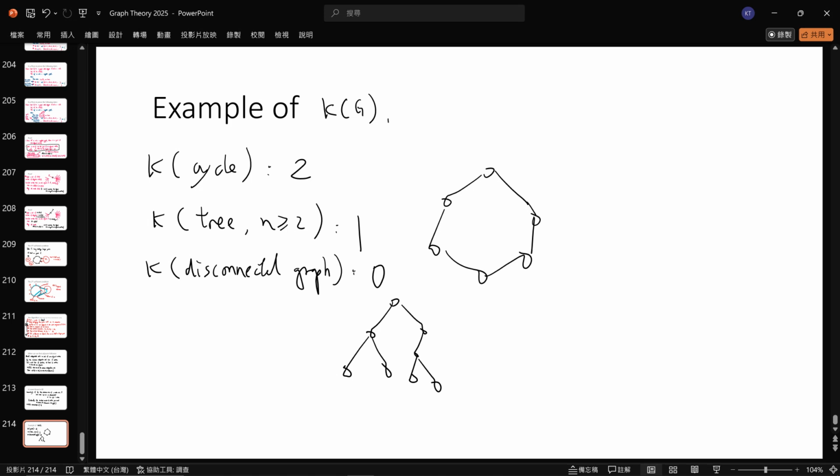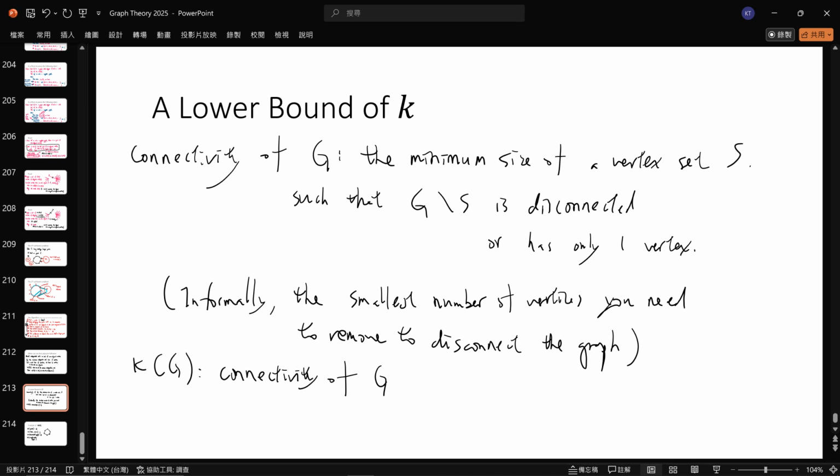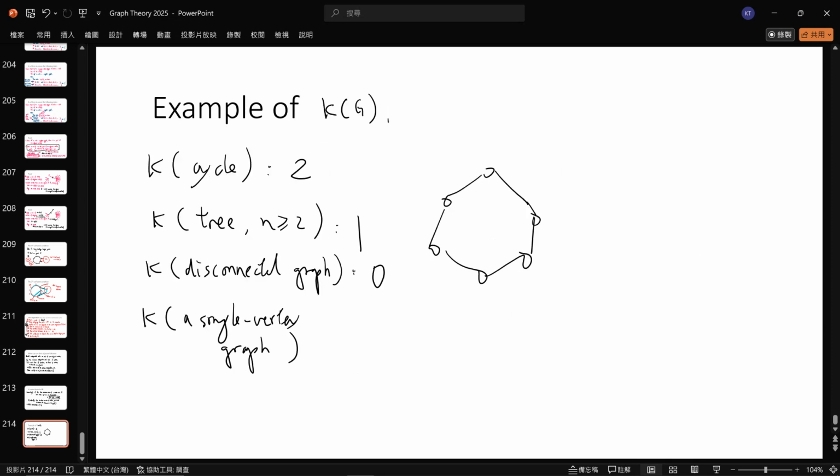How about a single vertex? This is a graph that contains only one vertex. This is the reason that in the definition, we have this kind of weird condition that only one vertex remains. This is for this kind of graph.